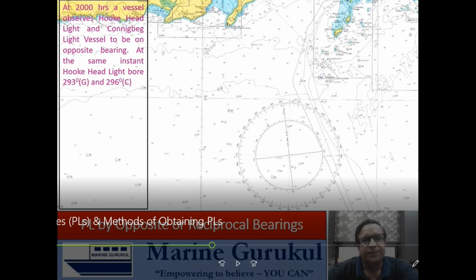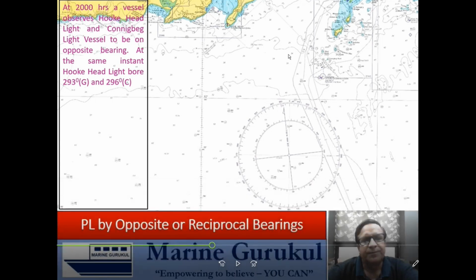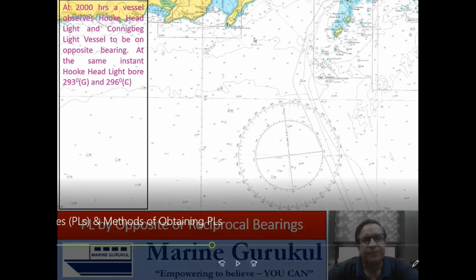Beta, as I told you earlier, all these examples which you are seeing are based on chart 5048. It is one of the charts which is used for the MMD exams. So all these questions which you see are based on 5048. You can actually identify these objects there and you can do these questions.